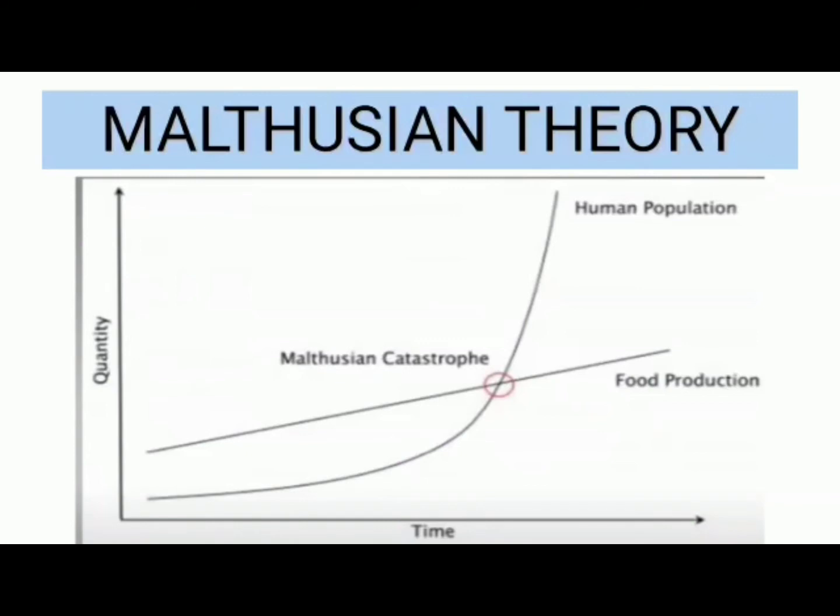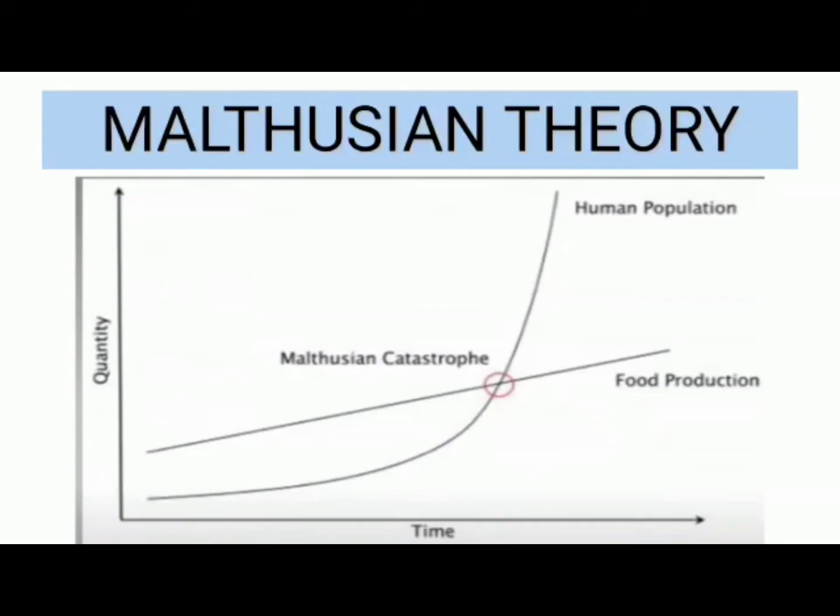Thomas Robert Malthus argues that the population tends to grow geometrically, while food supply tends to grow arithmetically. If the population was not managed and slowed, it would outstrip the food supply. Then negative consequences will follow, such as war, famine, and disease.